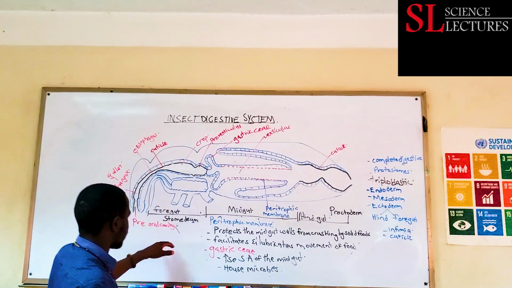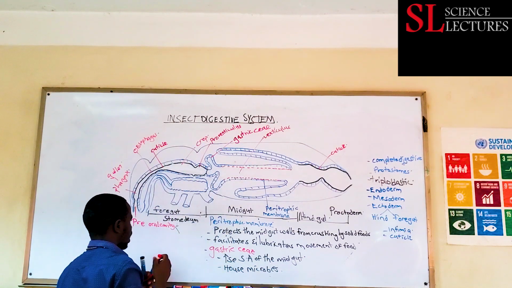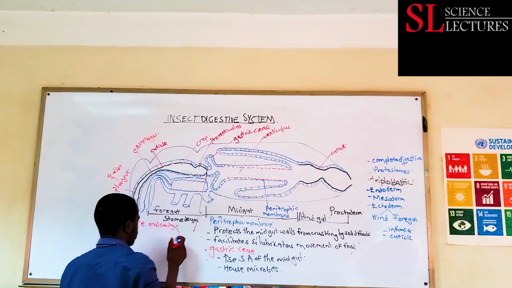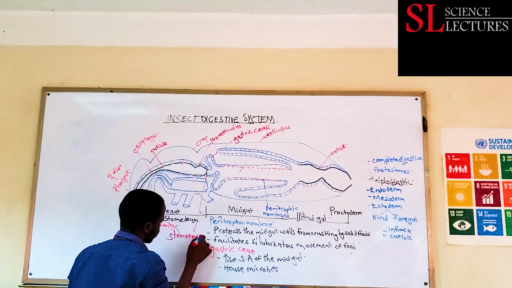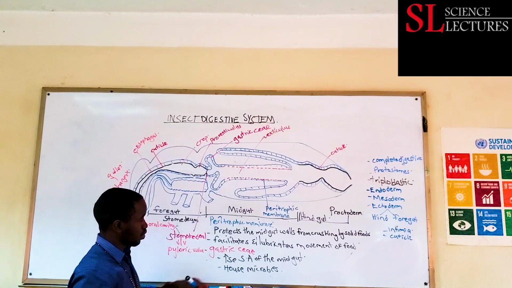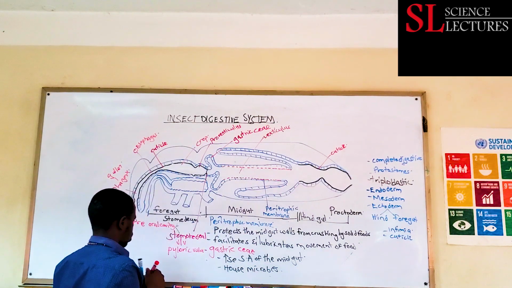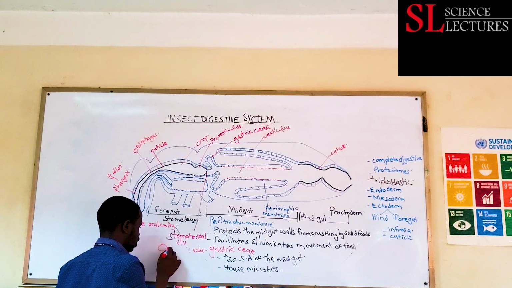Then, before I forget, the transition from the foregut to the mid-gut is the esophageal valve.